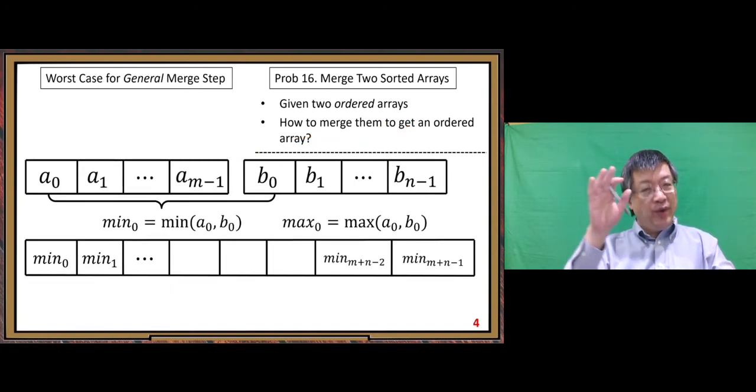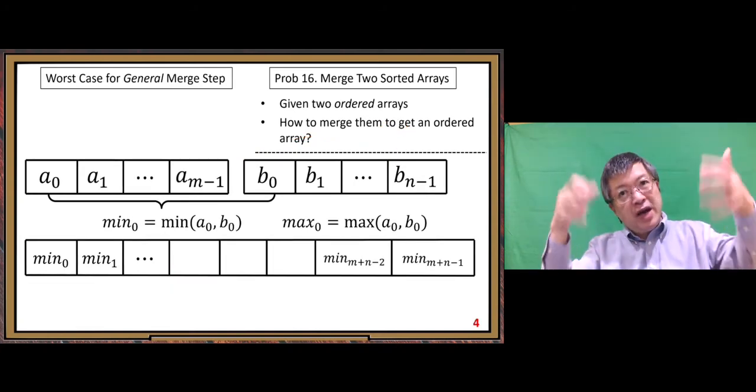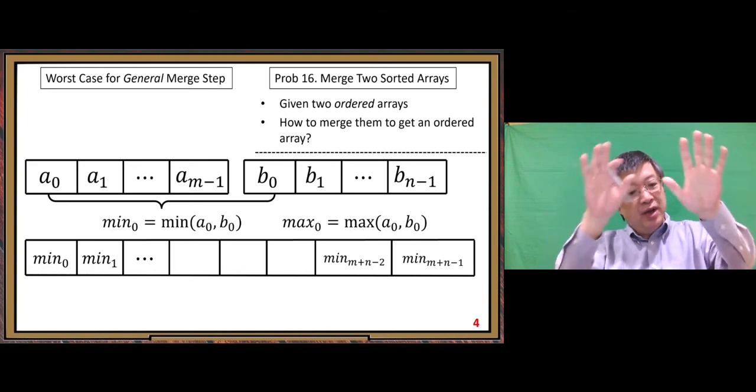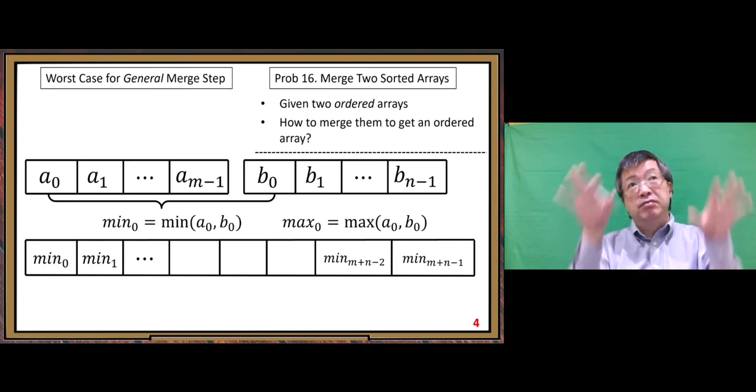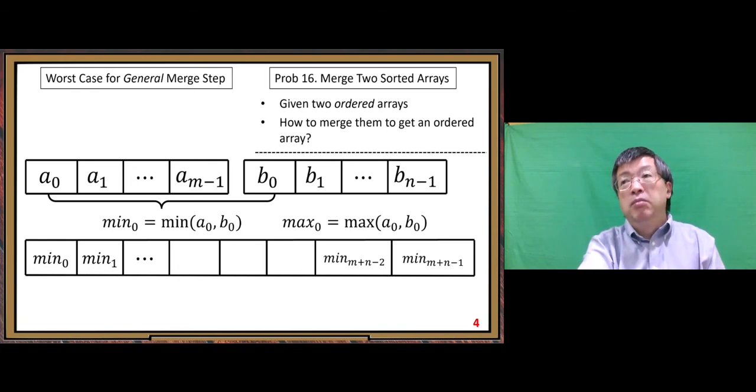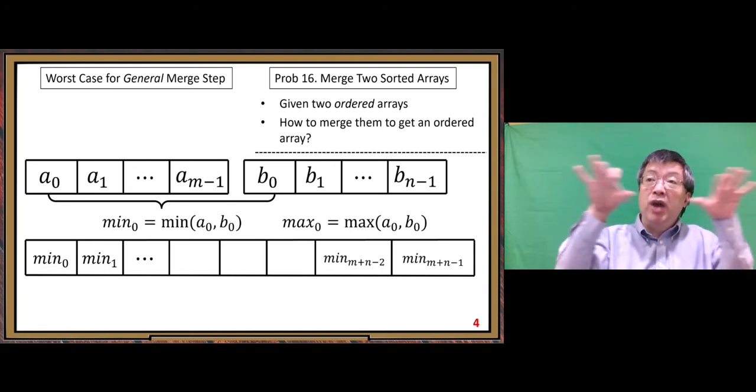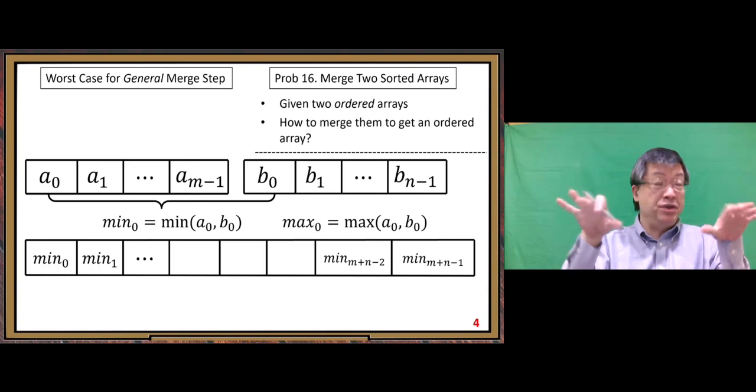Then we want to generalize this worst case to a more general merge step. That's a special step. Two arrays are equal, evenly distributed. But in real world problem solving, sometimes we may need to merge two arrays with different sizes.